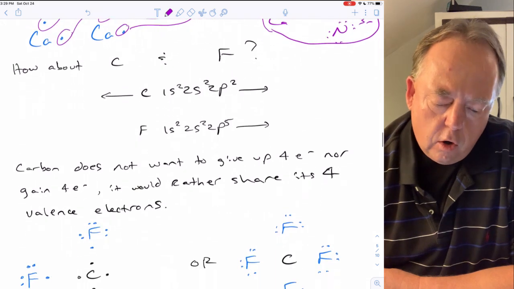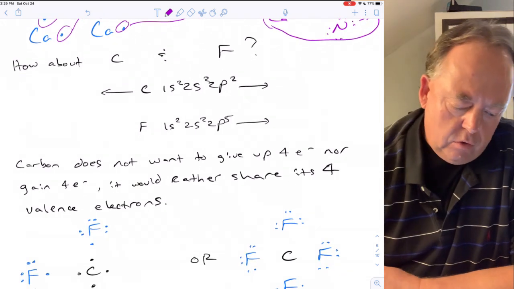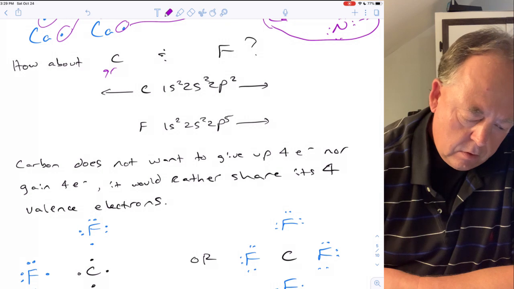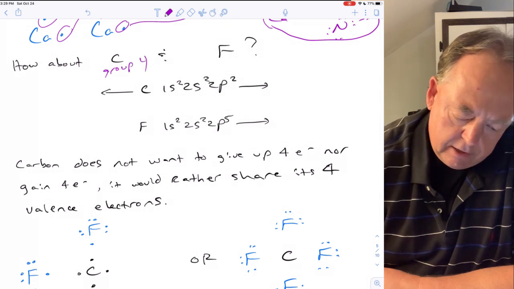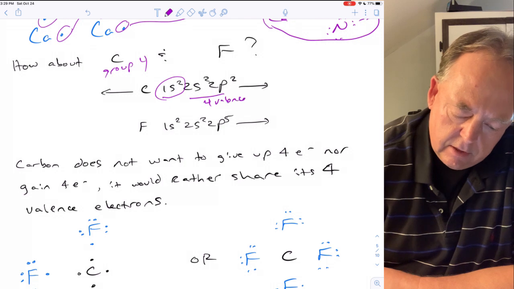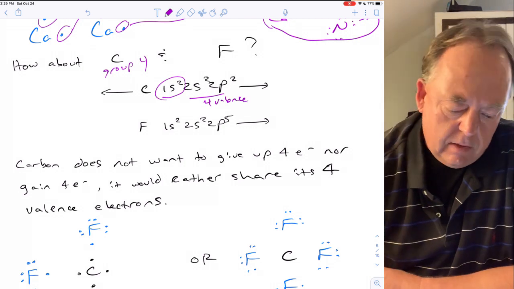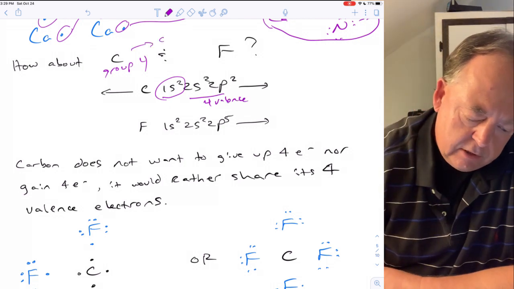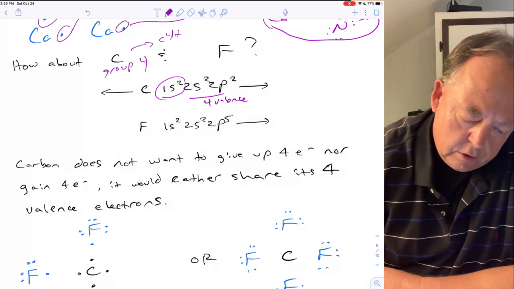Okay, so what about carbon and fluorine? What does carbon want to do? Well, carbon's in group 4, right? So that's core, so it's got 4 valence electrons. To look like a noble gas, if you remember, carbon would like to be either C4+ or C4-.